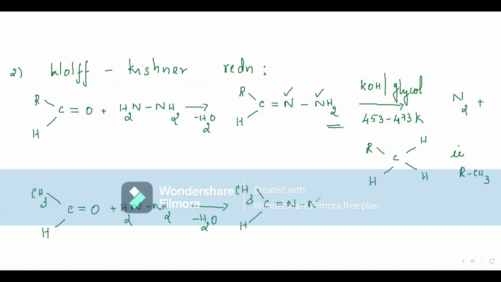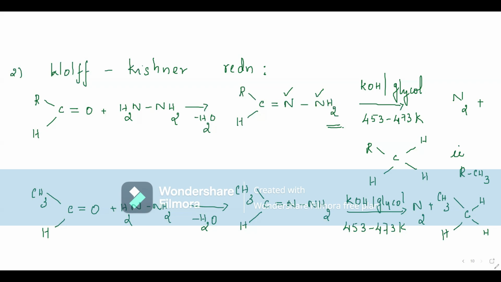Treat it with potassium hydroxide in presence of glycol at 453 to 473 Kelvin. Remove nitrogen, then you will have CH3, C, H, and the remaining two hydrogens, that is ethane once again.